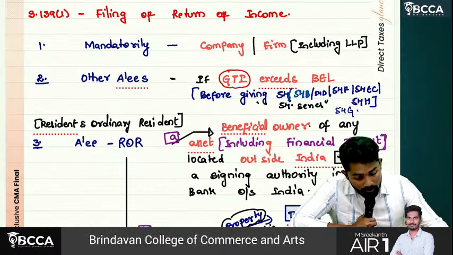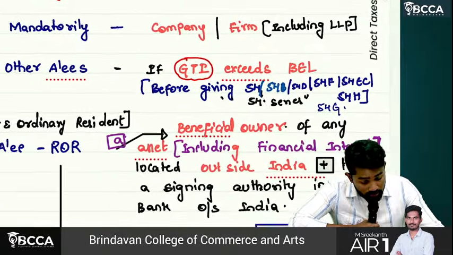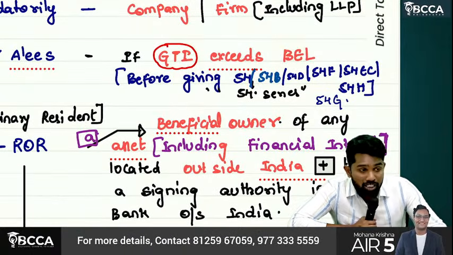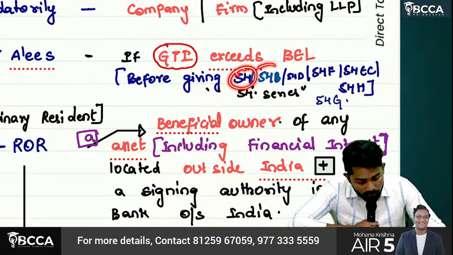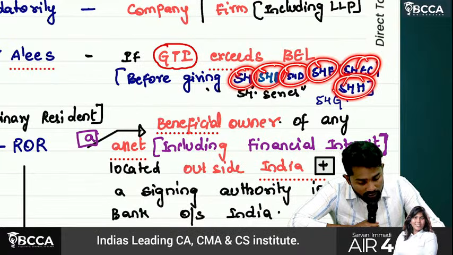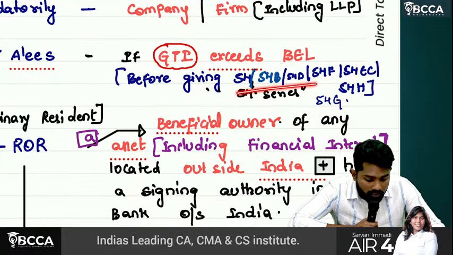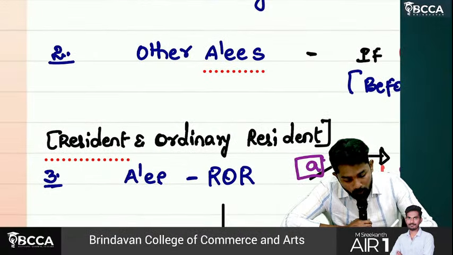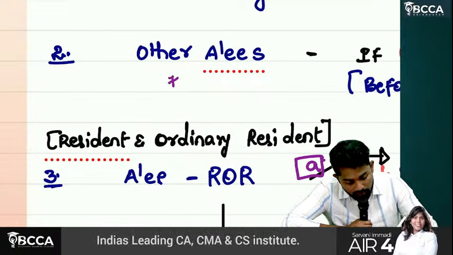Then this gross total income, sir, this is much more important. These are exemptions under capital gains: 54, 54B, 54D, 54F, 54EC, 54H, 54G. All these are exemptions under capital gains. Let's say, sir, I have long-term capital gain of 75 lakhs.